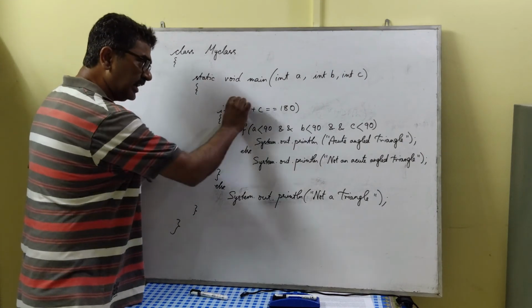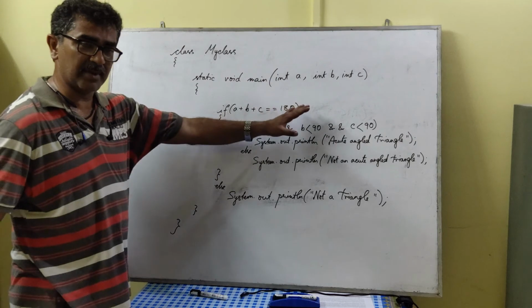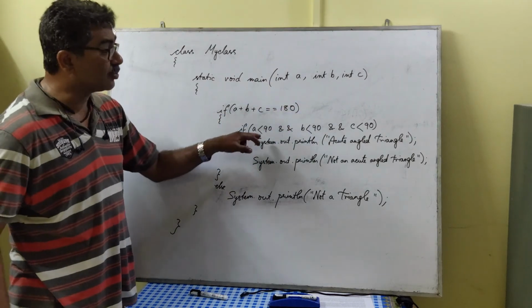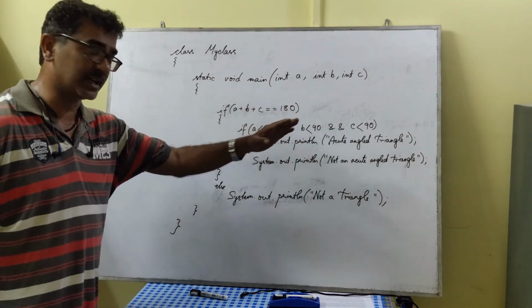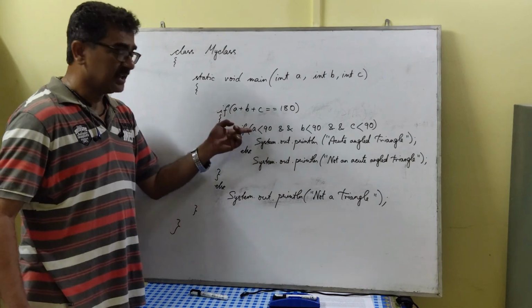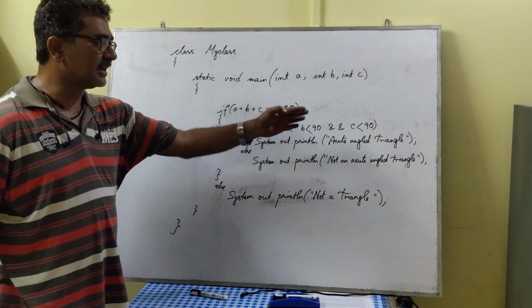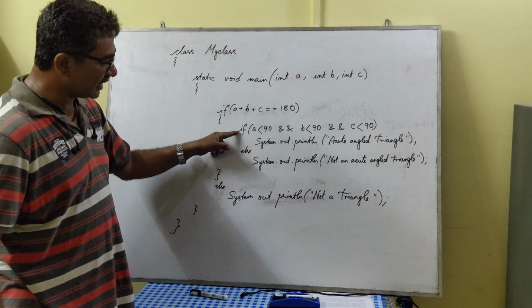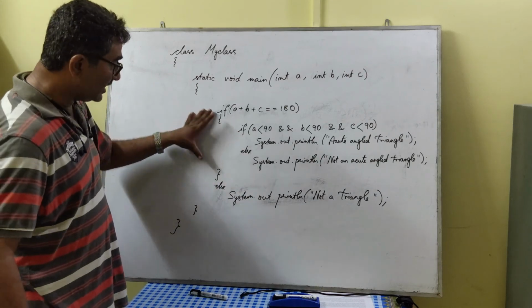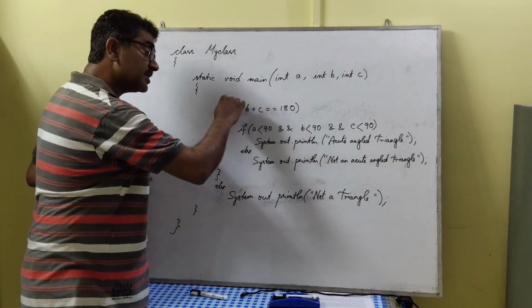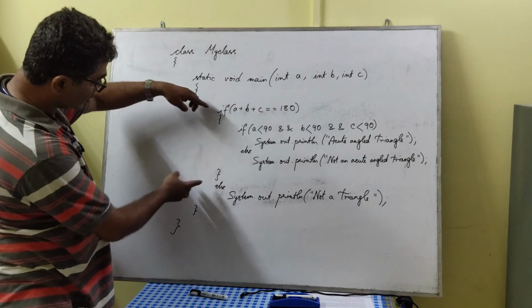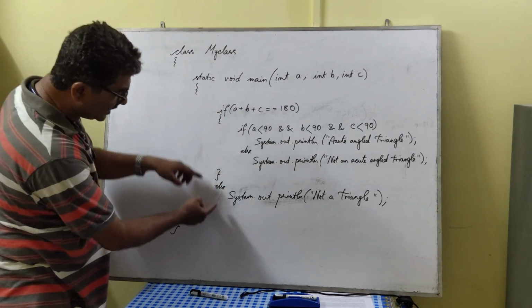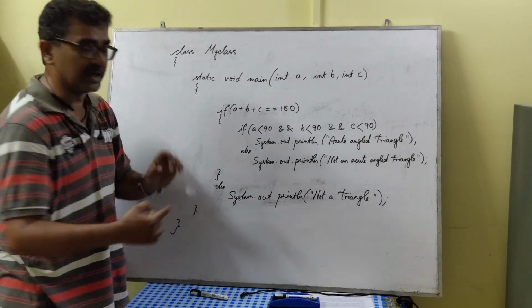So here, only when this condition, that is if the sum happens to be 180, only then it goes on to check whether it forms an acute angle triangle or not. How does it check? It checks whether all the angles are less than 90 or not. And accordingly, it prints a message. And here, if the sum happens not to be 180, the statement in the else block gets executed.